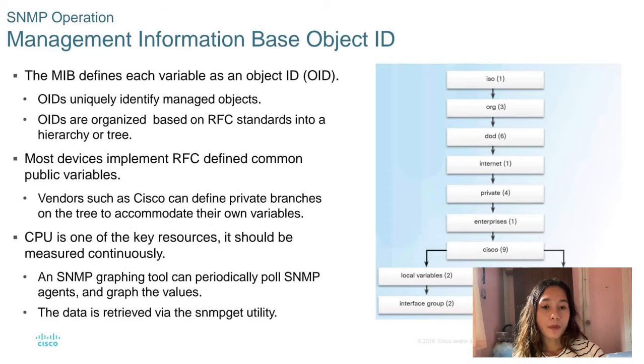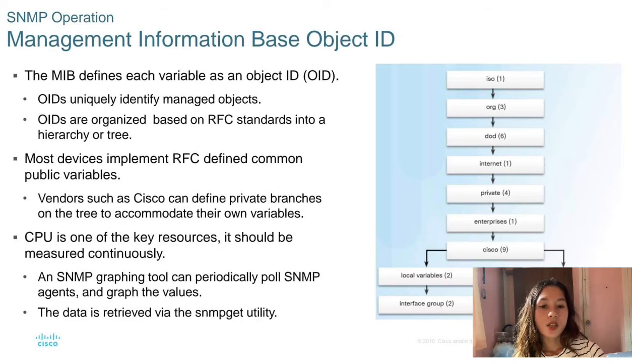Management Information Base object ID. The MIB defines each variable as an object ID, or OID. OIDs uniquely identify managed objects and are organized based on RFC standards into a hierarchy or tree. Most devices implement RFC-defined common public variables.